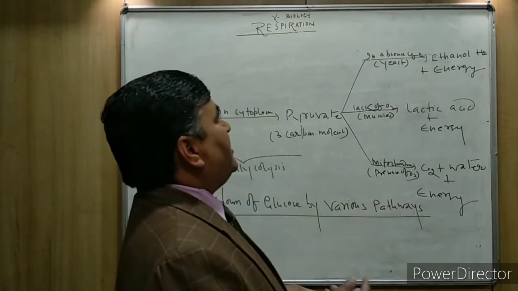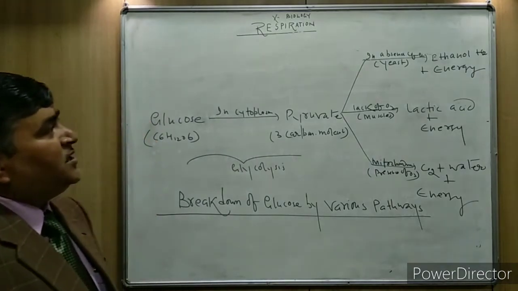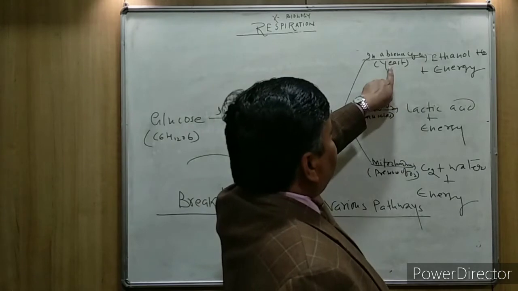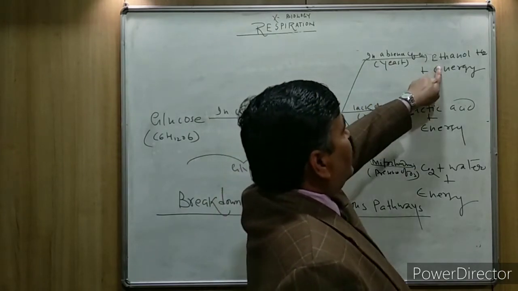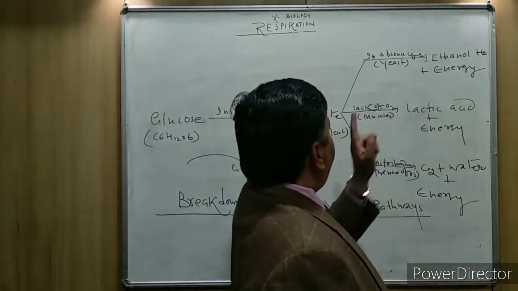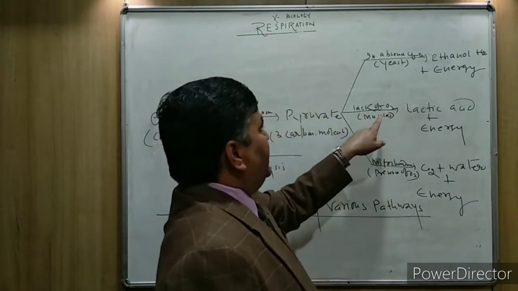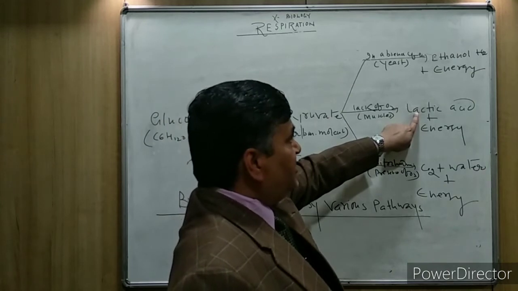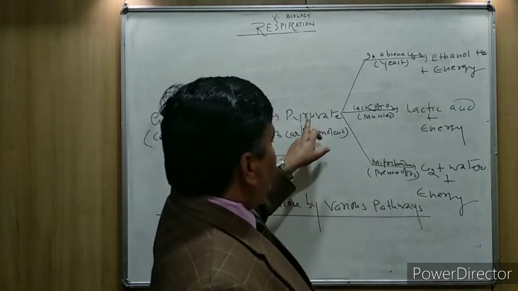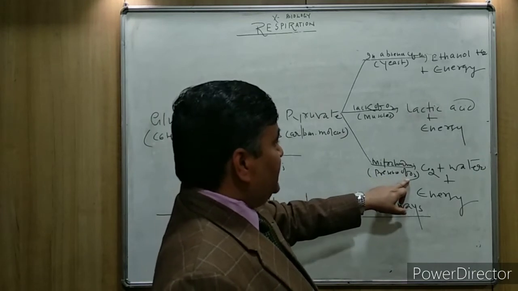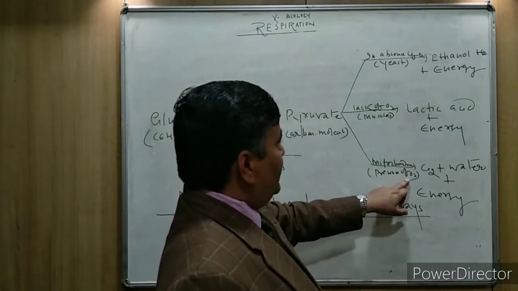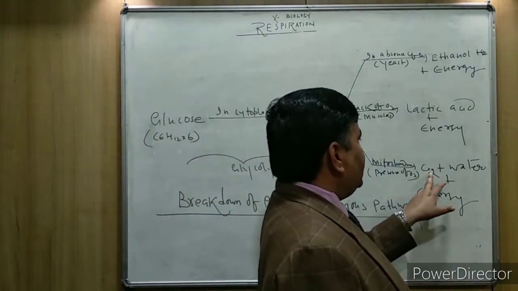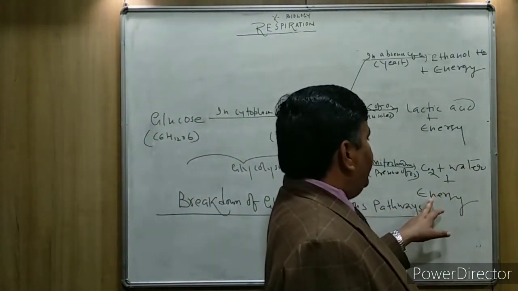Further breaking down of the pyruvate depends upon whether oxygen is present or absent. In absence of oxygen in yeast cell, what are produced? Ethanol, carbon dioxide and energy. In absence of oxygen in our muscular cells, lactic acid is produced, energy is also produced, and in the presence of oxygen, the pyruvate is further broken down into the carbon dioxide, water, and energy.